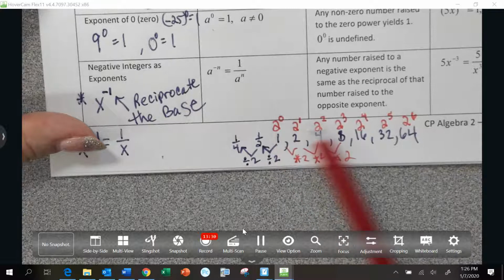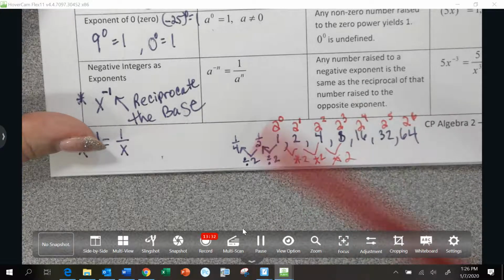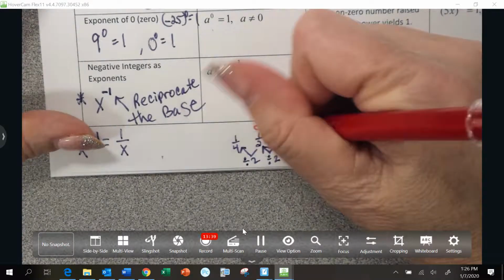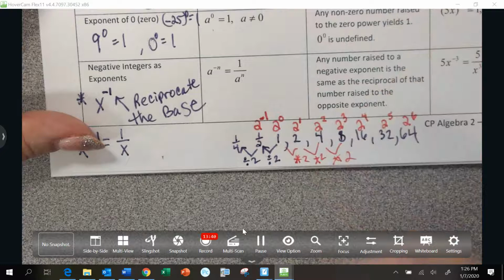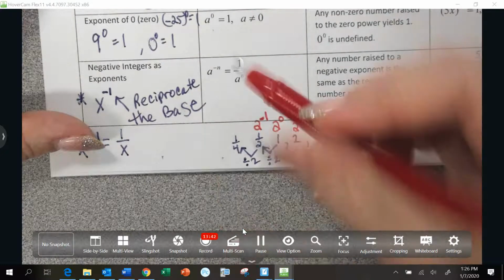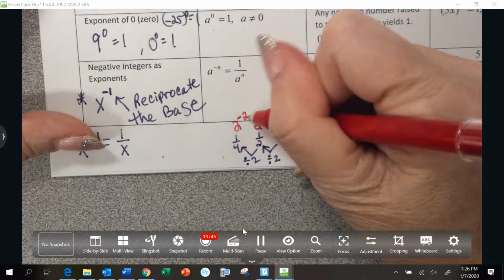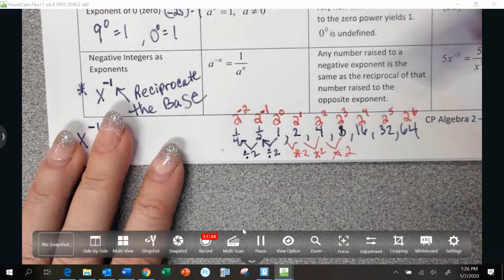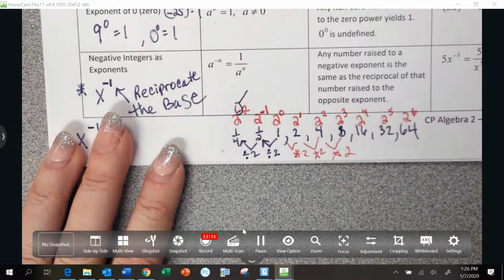Let me follow the exponents. If my exponents go down by 1 each time, negative 1, what's this one going to be? This will be 2 to the negative 2. So the negative part itself is the reciprocal.